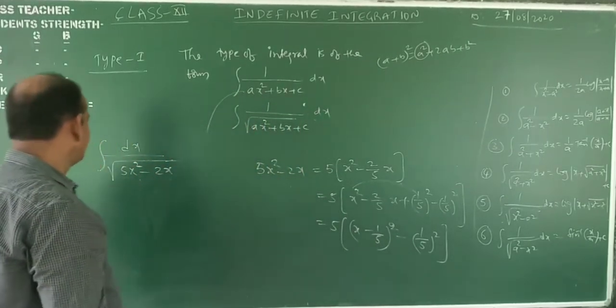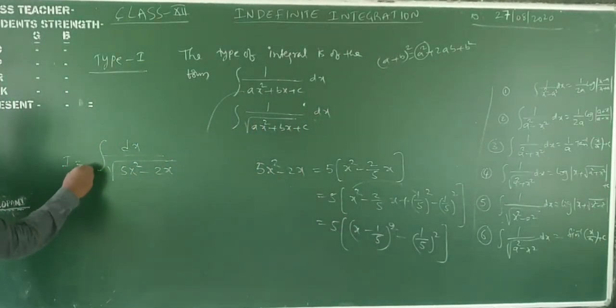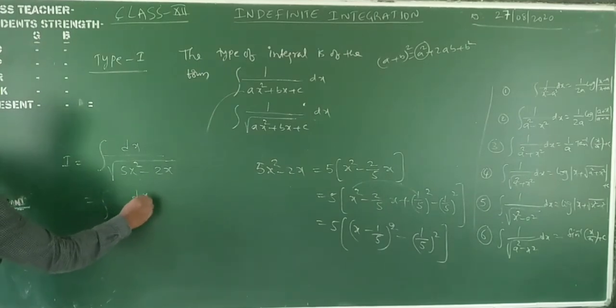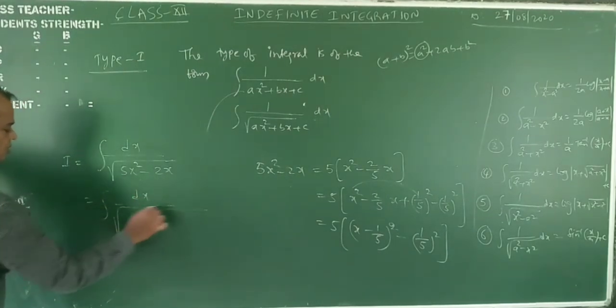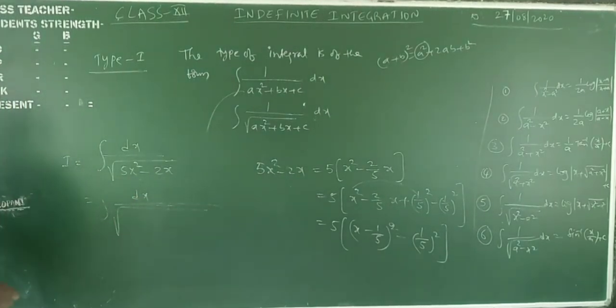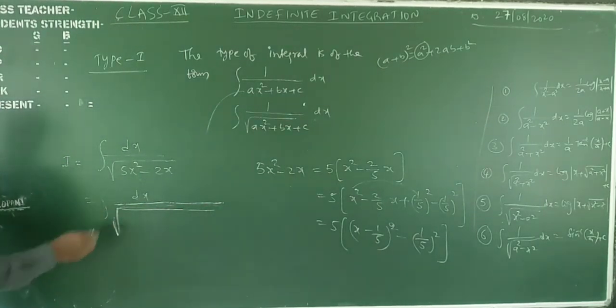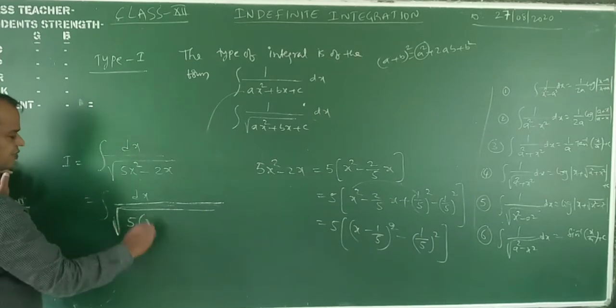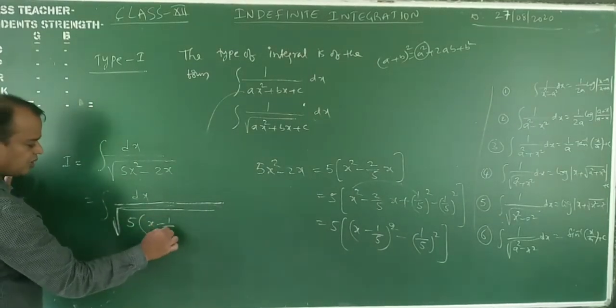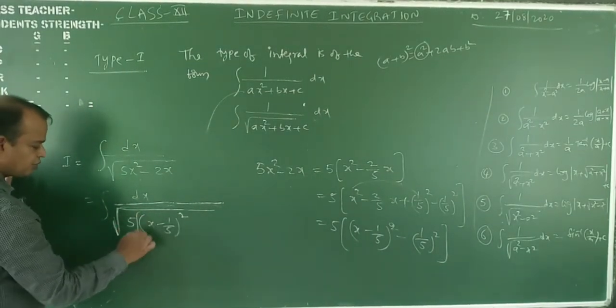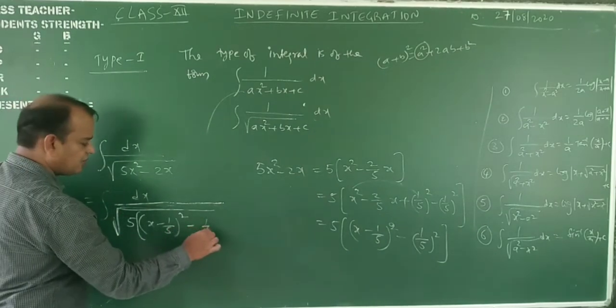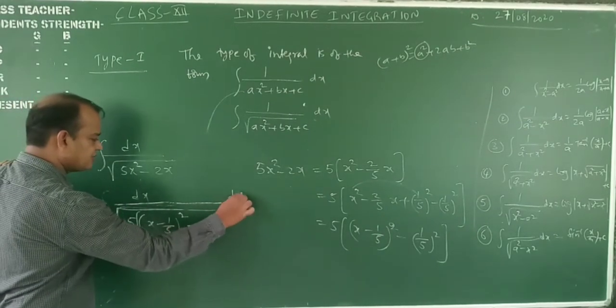Substitute. Here I is equal to integral of dx by 5 into x minus 1 by 5 whole square minus 1 by 5 whole square, dx.